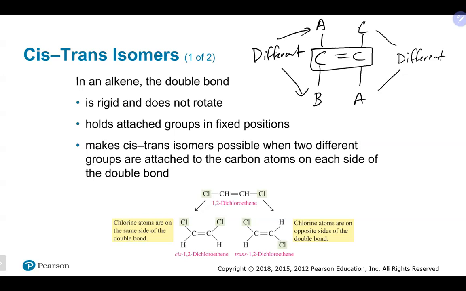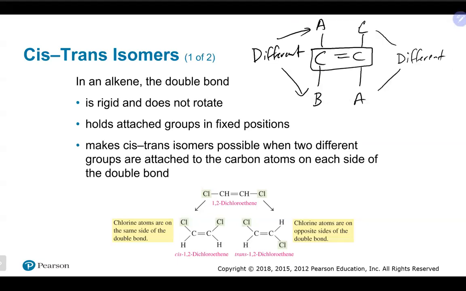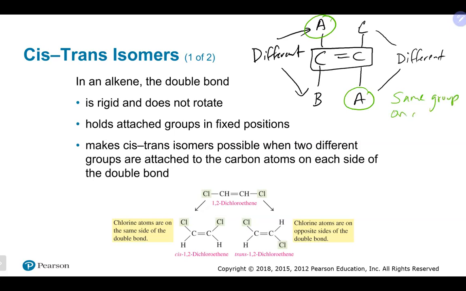But if you do have different groups attached, the other thing that you need is a group that is the same on opposite carbons. In this case, there's an A there and an A there. Those are the same group on opposite carbons.